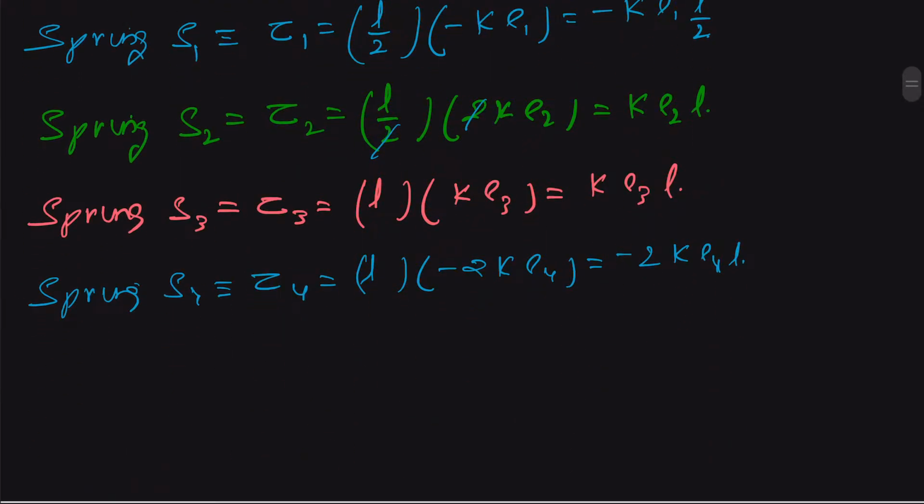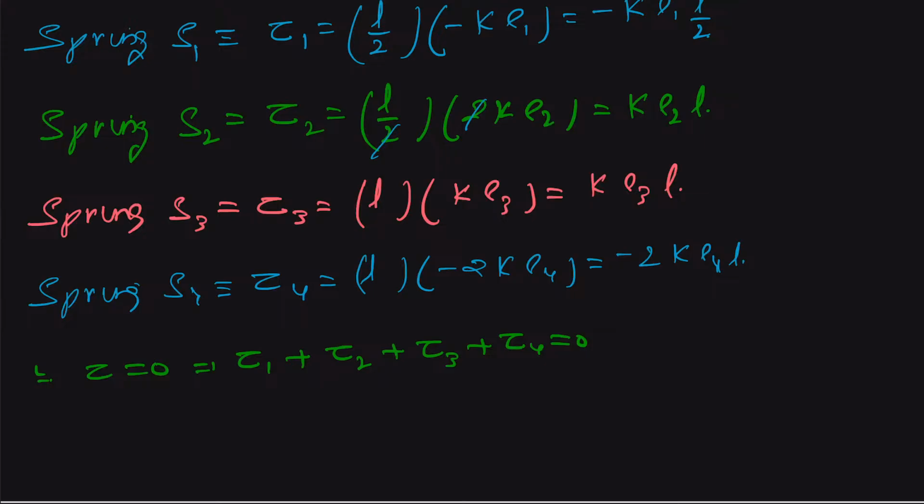Therefore we can write that our tau is equal to 0, which gives us tau 1 plus tau 2 plus tau 3 plus tau 4 is equal to 0.